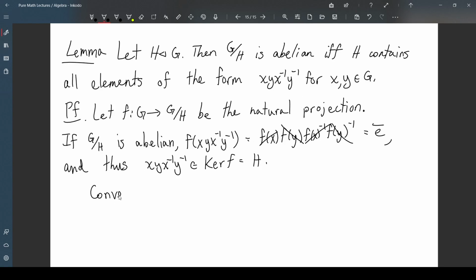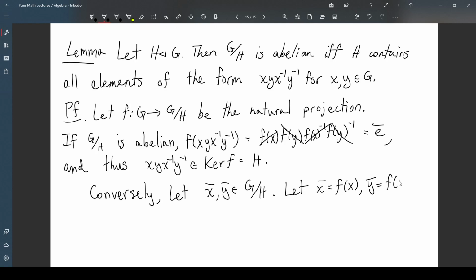So now conversely, let x bar, y bar be elements of G mod H. So we want to show that x bar and y bar commute. So let x bar equal f of x and y bar equal f of y, right?